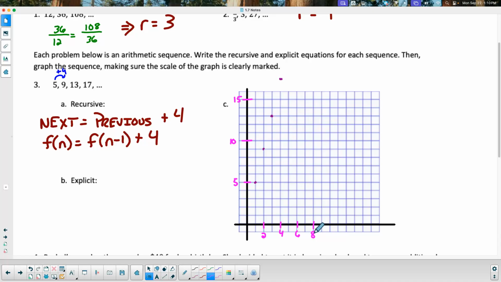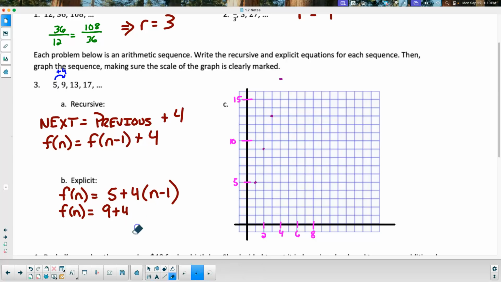Explicit equation, we could have it in multiple forms. We could have f of n equals 5 plus 4 times the quantity n minus 1. We could have f of n equals 9 plus 4 times the quantity n minus 2, and so on and so forth.